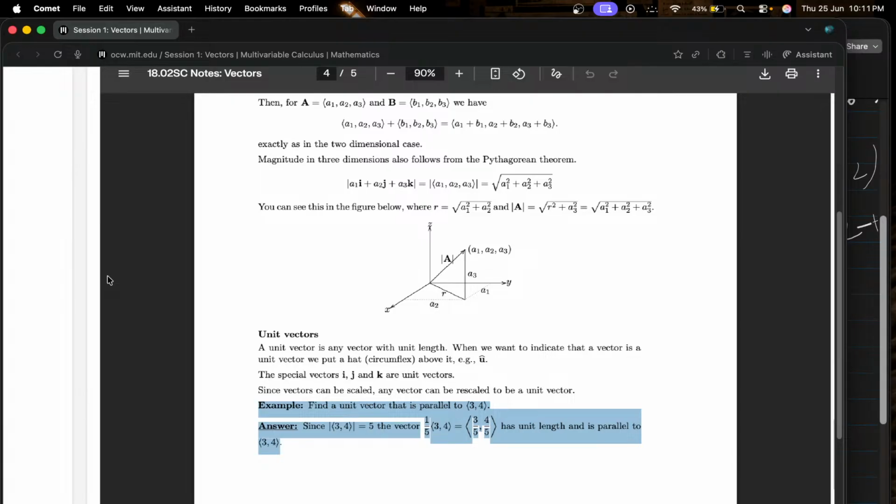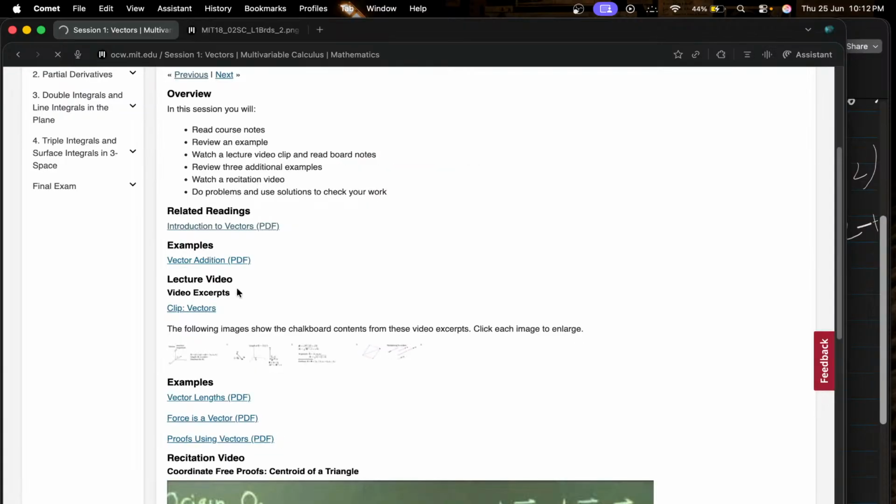The following images show the chalkboard content of the file. Okay, let's see what this is. The length of a equals to, I think we should watch lecture 2. Let's view the example once.